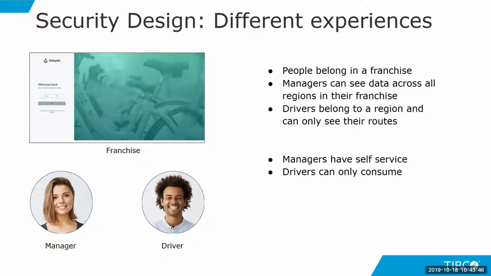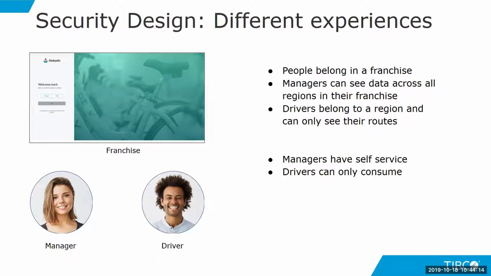Forget the technology. You've got these different people or processes coming into the environment. Just focus on what your visibility requirements are. What do you want to allow people to see and do within the application or portal?